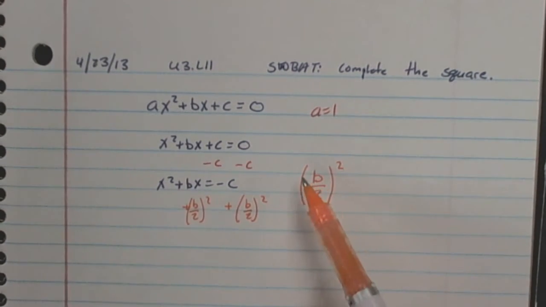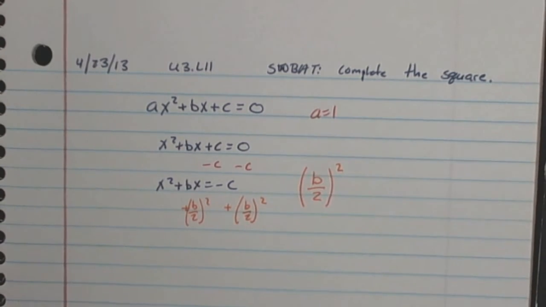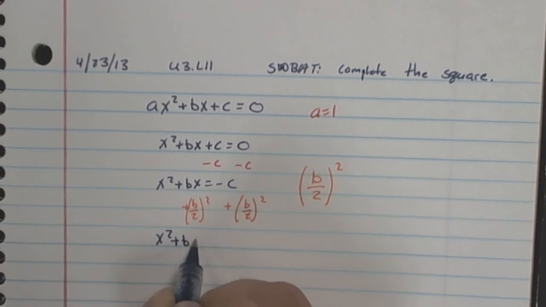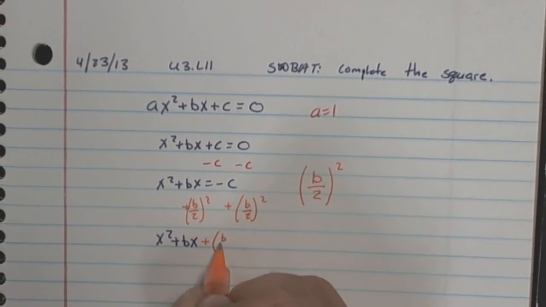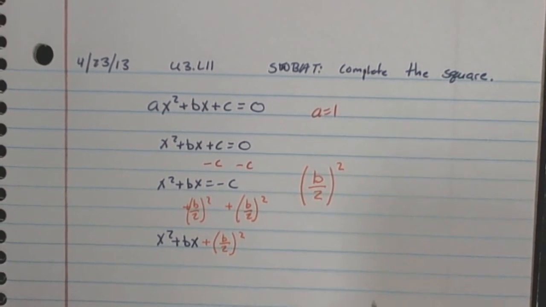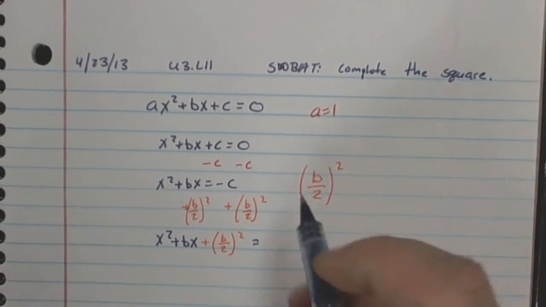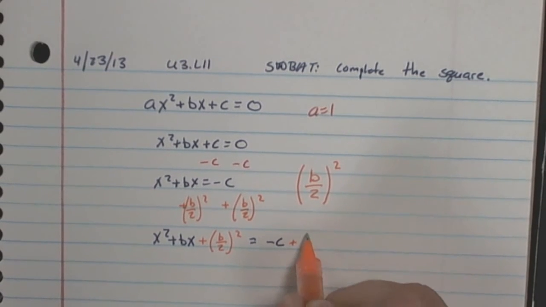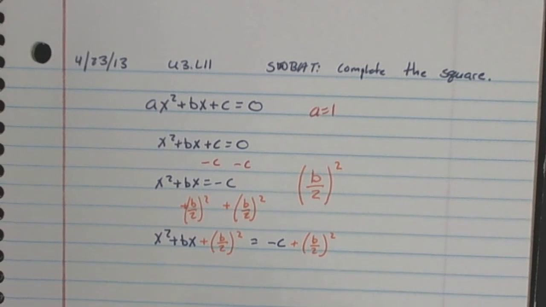So I took whatever I had for b, cut it in half, and squared it, and then added it to both sides. So that's going to give me x squared plus bx plus whatever b over 2 squared was is equal to negative c plus whatever b over 2 squared is.